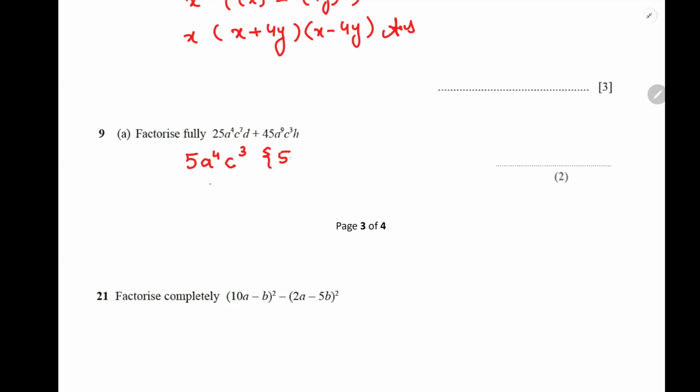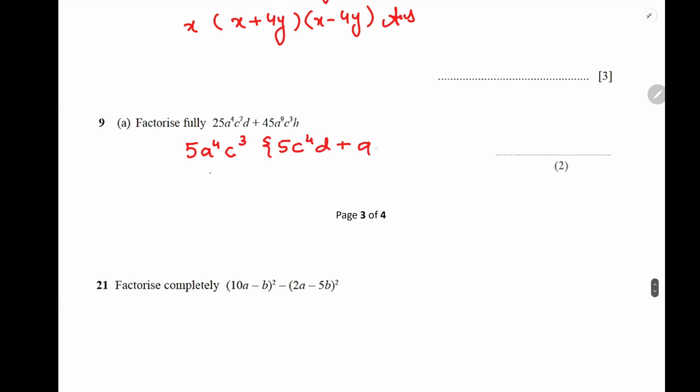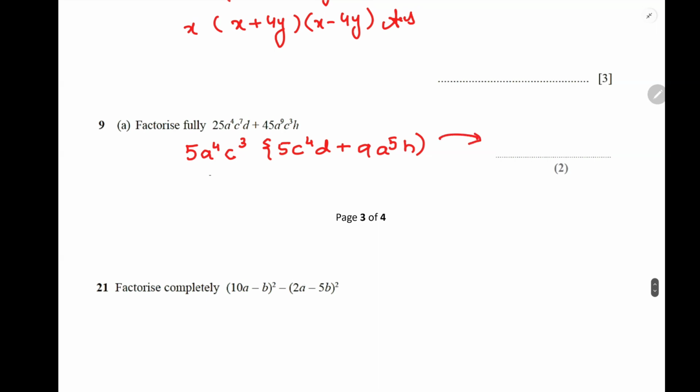A4 is outside, C3 is outside, so inside it would be C raised to the power 4, then a D plus 5 nines are 45. A4 is outside, so it will be left with A5 only. C3 is outside, so I won't be writing it, and it's only H. So this will be my answer.